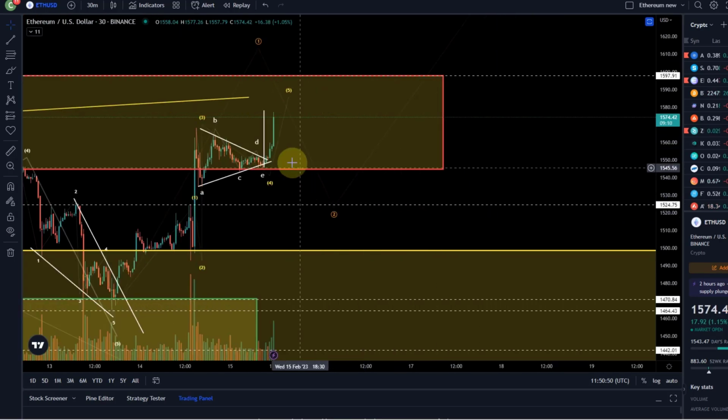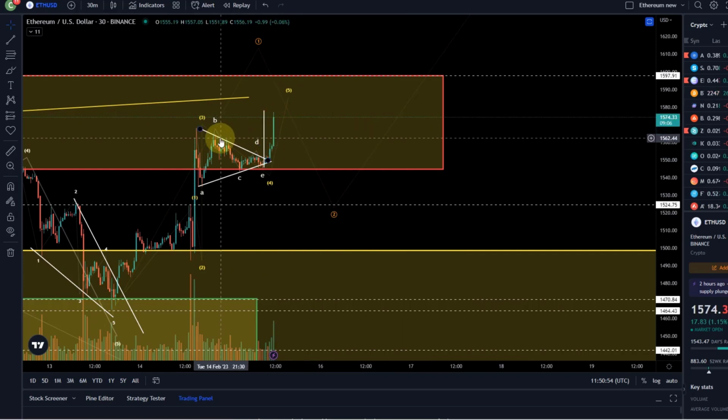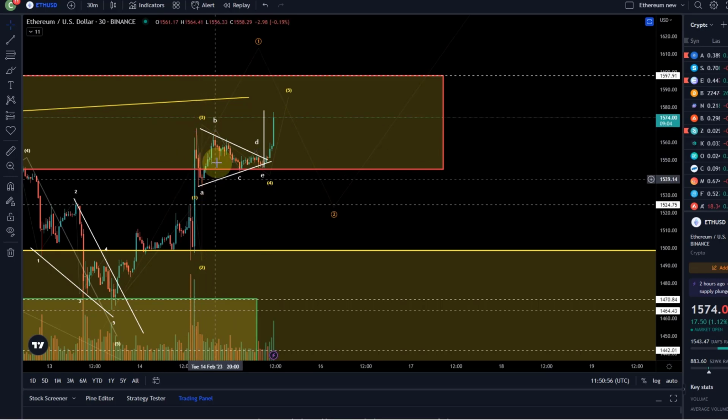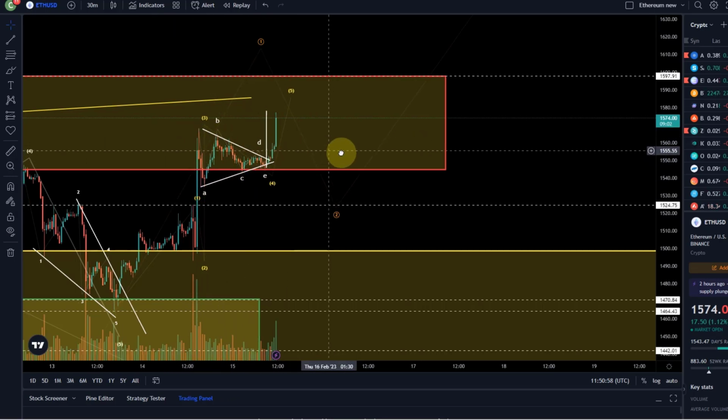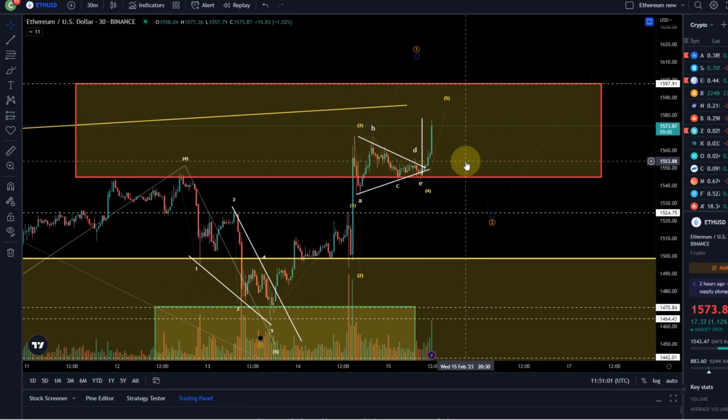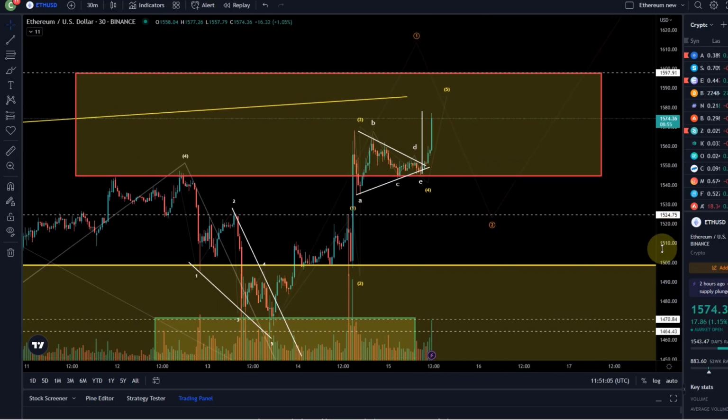Ethereum, yeah, before this move today happened, I highlighted on Discord and Telegram that the triangle might be complete that we talked about in the last video. I think this was spot on to highlight to you that we get a triangle here, and it shows the beauty of Elliott, because why did we expect a triangle? We did expect a triangle because we acknowledged that the wave 2 was a sharp correction.